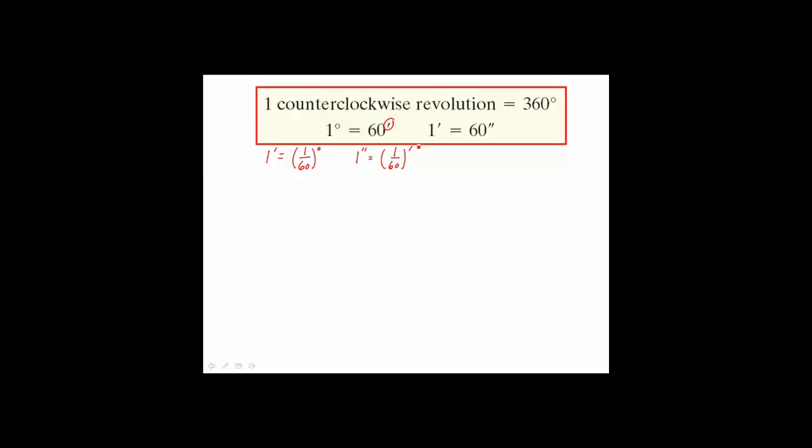All right. So what we're going to do now is learn how to convert an angle from degrees, minutes, seconds notation to decimal notation, and then we'll reverse it and go from decimal notation to degree, minute, seconds notation. Deal?